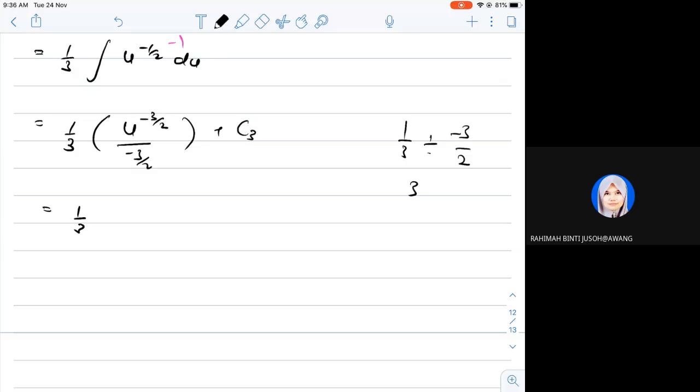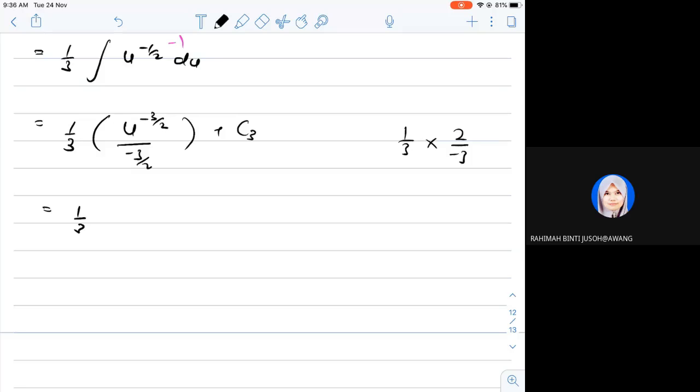Dividing, it flips upward, right? So we will have 1 over 3 multiplied by 2 over negative 3.